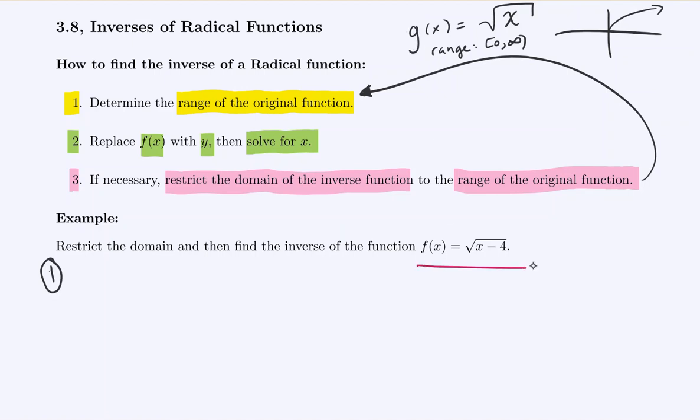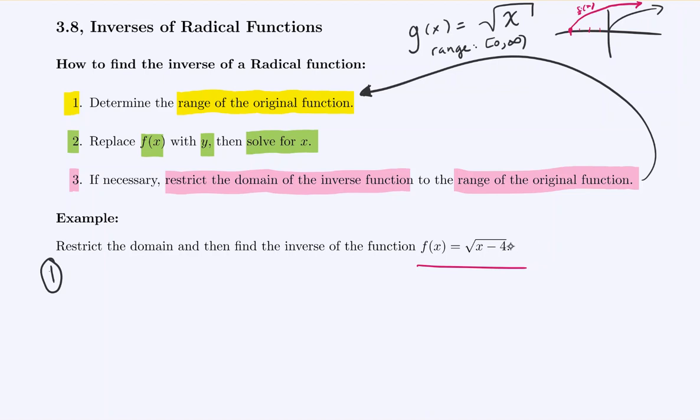What does f of x equals the square root of x minus 4 look like? All this does to the function is it just brings it back 4 at the start, but it still has the same general shape of the square root function. So this is our f of x. So notice the range is the same. It's still every y value from 0 to infinity.